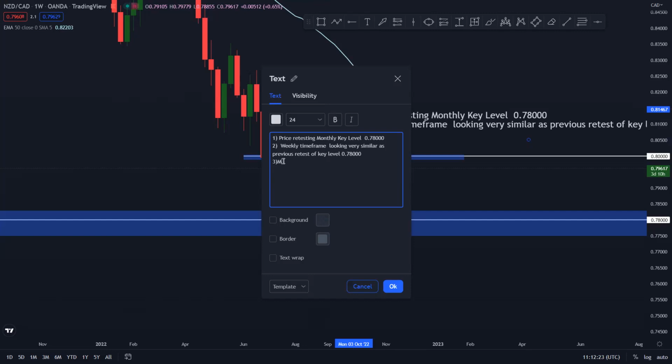We're seeing the weekly morning star candlestick formation, which is a reversal candlestick pattern.